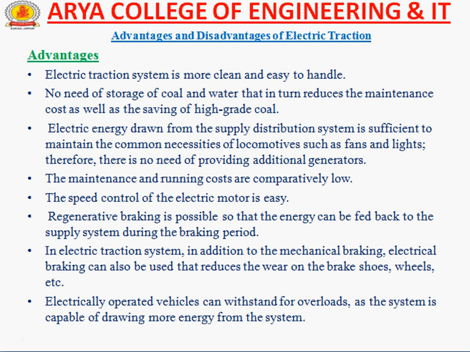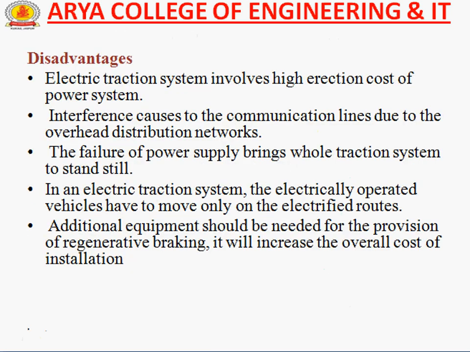If we talk about the disadvantages of the electrical traction system, the very important disadvantage is that it involves high erection cost of the power system, because all along the track, overhead lines or underground cables must be installed. Interference is caused to the communication line due to the overhead distribution network.